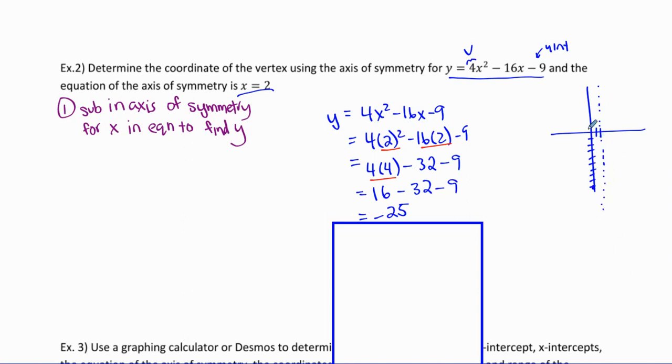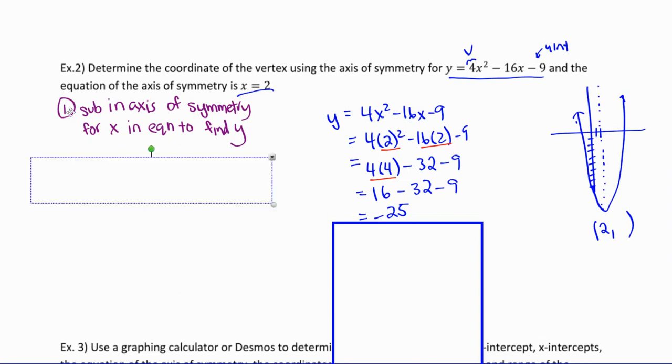Here's my y-intercept. It's opening up, so it's going to be something like this. I'm expecting my vertex to have an x of 2, because that's along my axis of symmetry, and then some y number that's going to be lower than negative 9. So negative 25, yes, is lower than negative 9. My answer does make sense if I think it through.